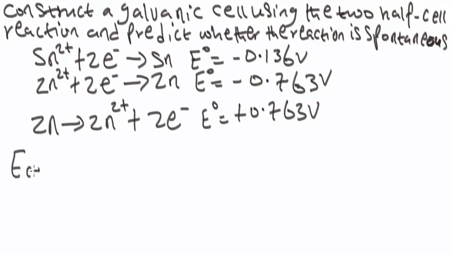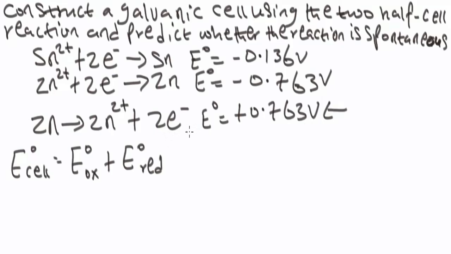Now we can calculate the cell potential. Remember, the cell potential is the oxidation half potential plus the reduction half potential, and this is now our oxidation half reaction.